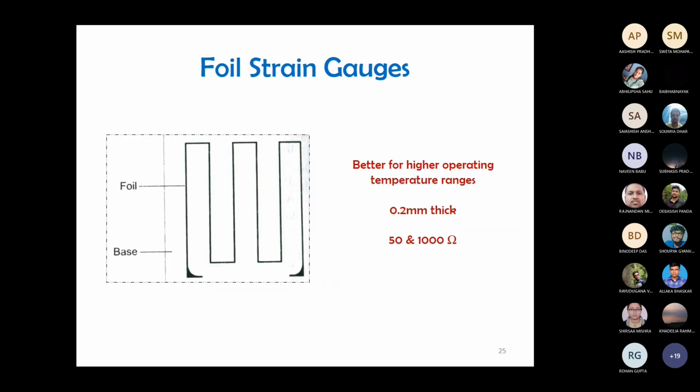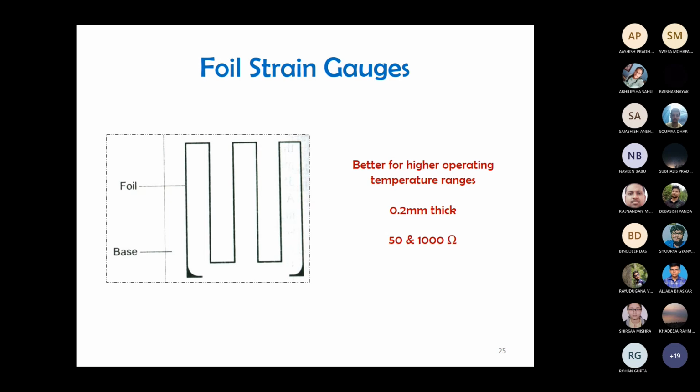Foil strain gauge looks like a foil. Previously you can see it looked like just a spring, a small conductor looking like a spring. But if you want a foil type strain gauge, then that spring is not there, or lower dimension wires are not there.